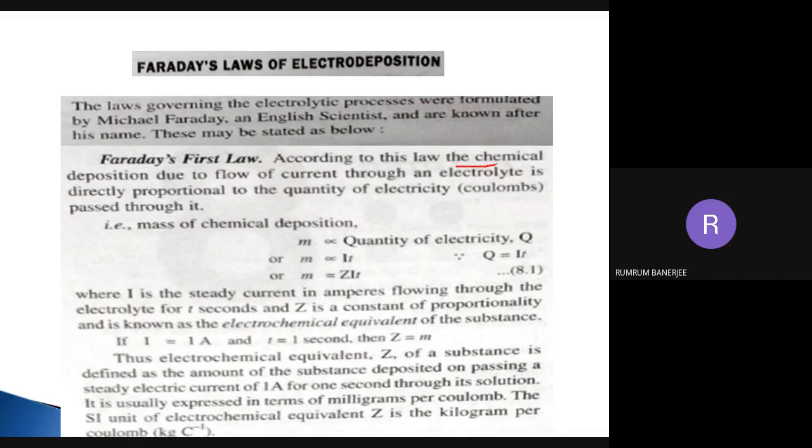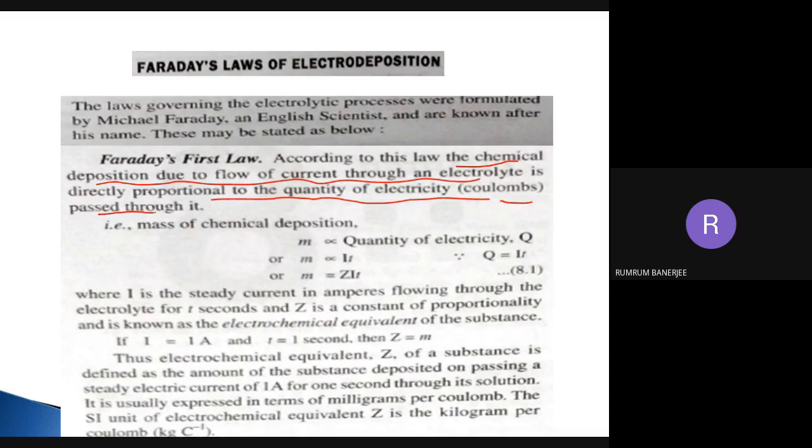According to this law, the chemical deposition due to flow of current through an electrolyte is directly proportional to the quantity of electricity, in coulombs, passed through it.